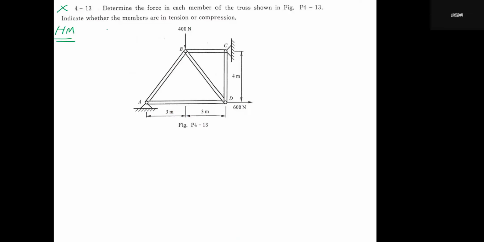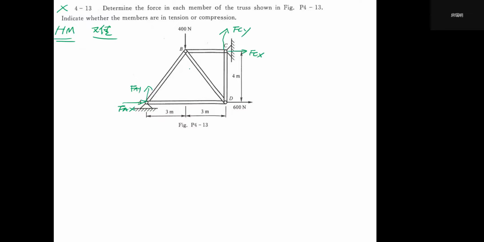But actually it's an example of a plane truss. At first glance, we can find that because this is a fixed point, and this also is a fixed point, here we have FAY, FAX, and here FAX, FCX, and this should be vertical FCY.